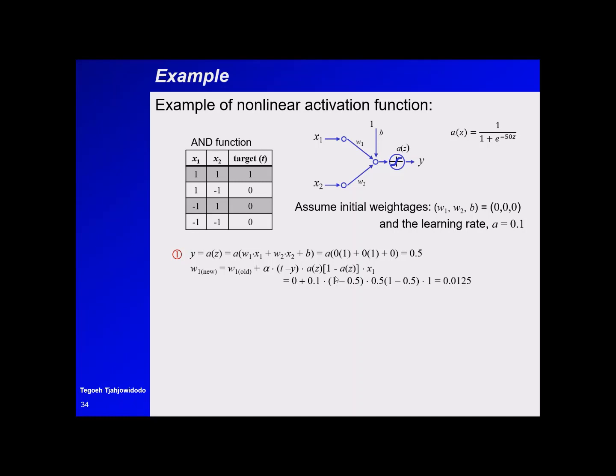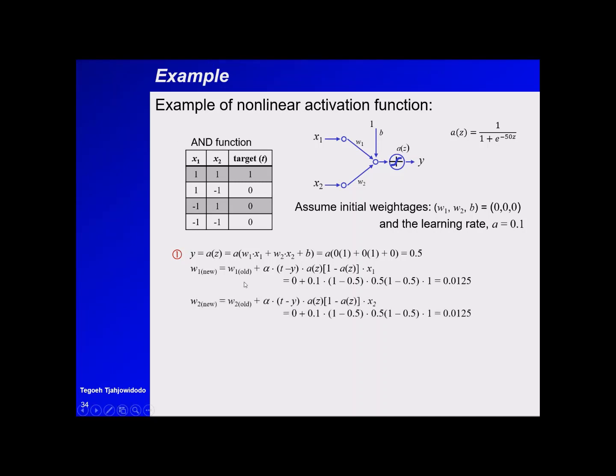We are taking the output after the nonlinear activation function. Intuitively, to make it fair, in updating the weightage I should also take the nonlinear activation function into account. Okay, and now let's update the W2.